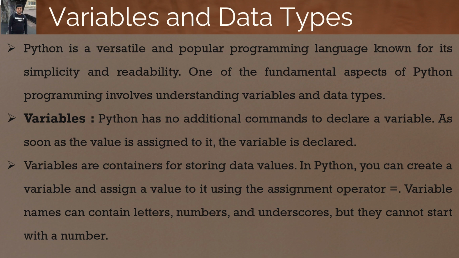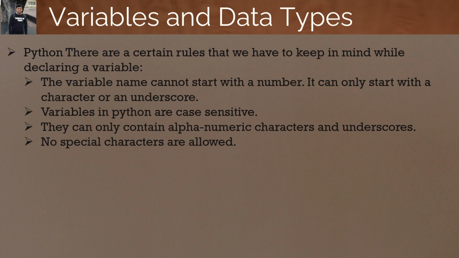A variable name can contain letters, numbers and underscores, but it cannot start with a number. There are certain rules in Python that we have to keep in mind while declaring a variable. The variable name cannot start with a number, it can only start with a character or underscore.